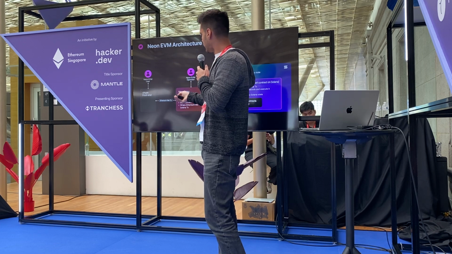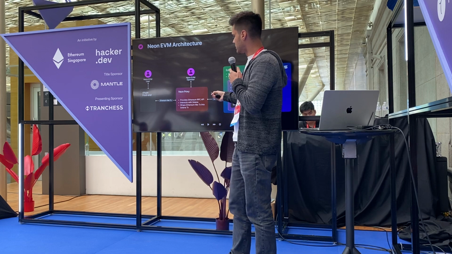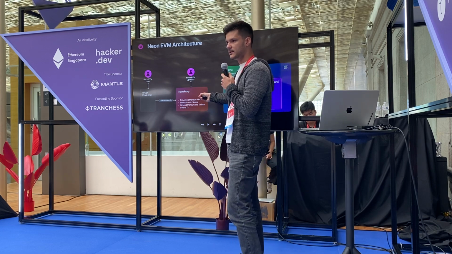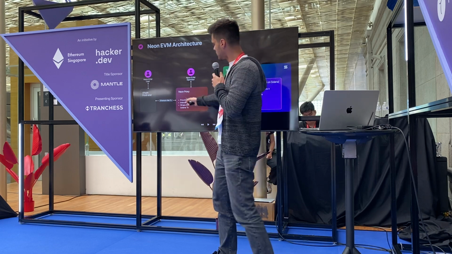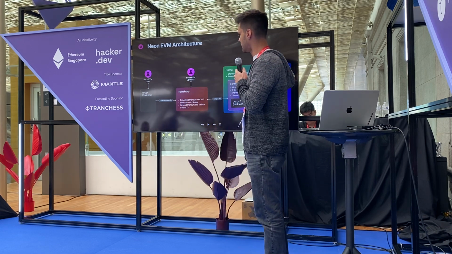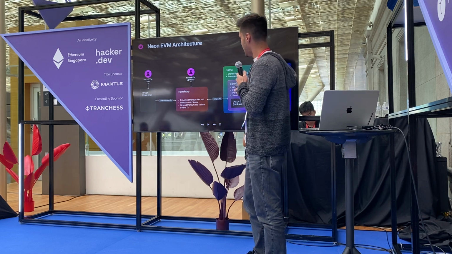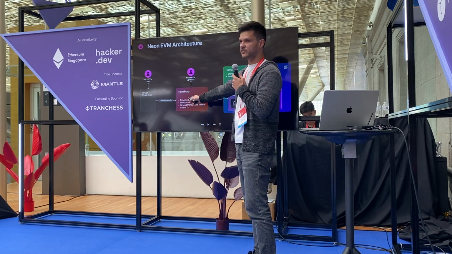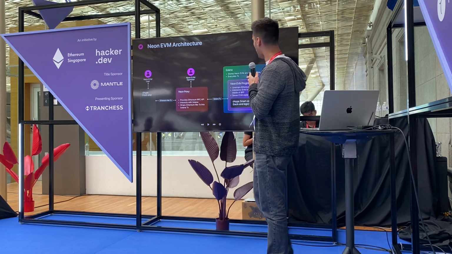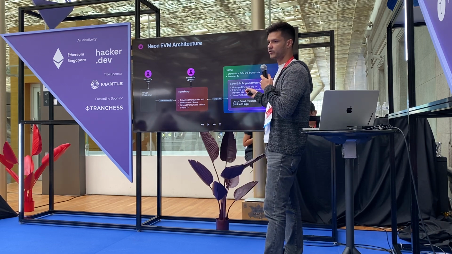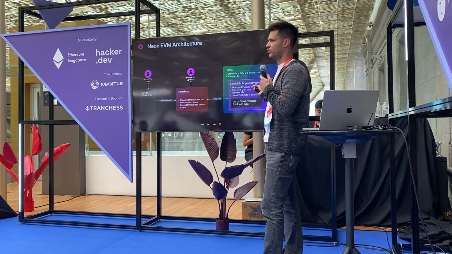So we have the front-end app, which submits an Ethereum-like transaction to our public RPC, and this is our proxy. Basically, the proxy on the one side provides a fully compatible Ethereum-like interface, and it unwraps the Ethereum-like transactions, creates a Solana transaction, and calls the Neon EVM program with the EVM bytecode and with the instructions that we want to have.